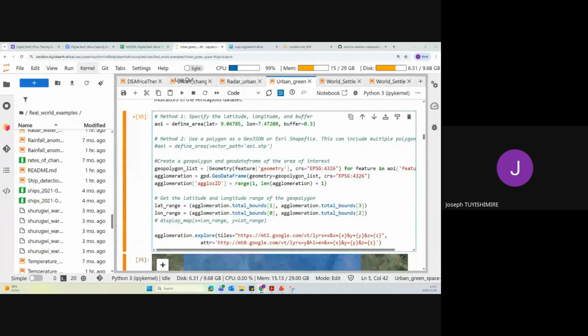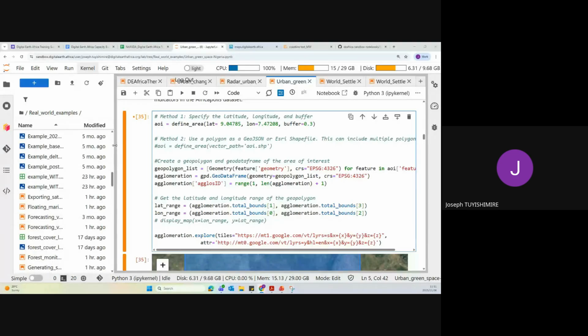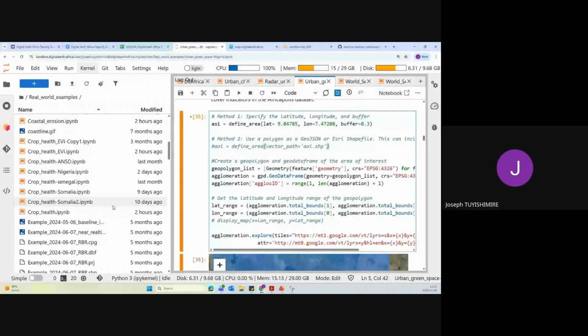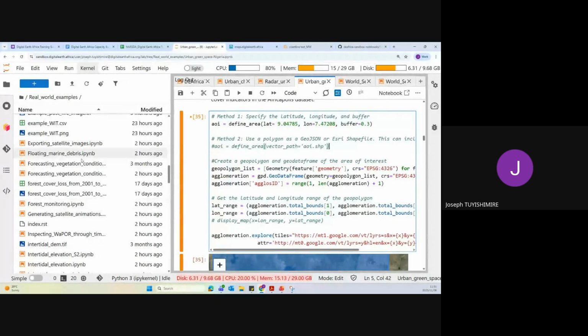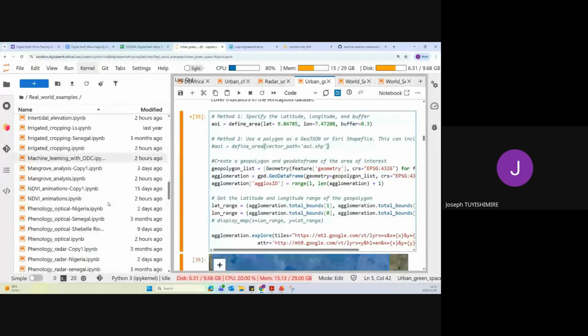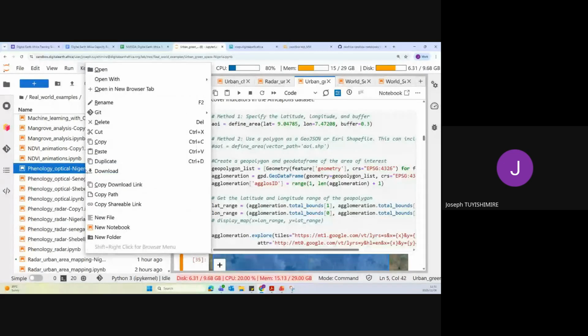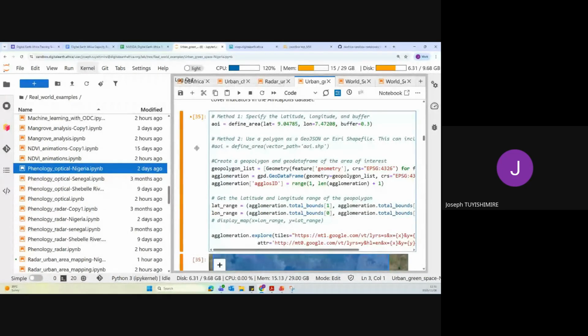We always keep the backup. Either you download it, for example, let me check one notebook here. Maybe this one, you just right click, download, and you keep the version on your computer.